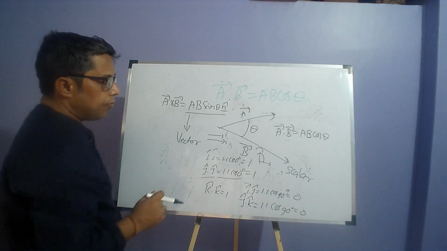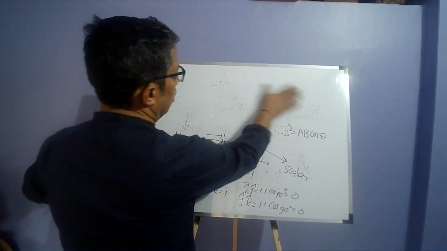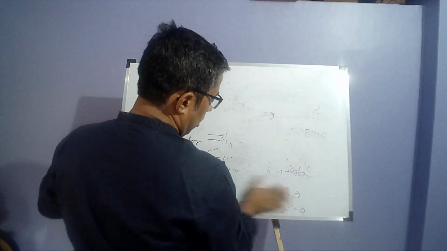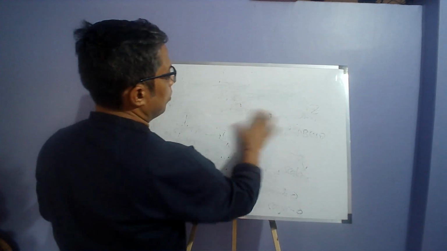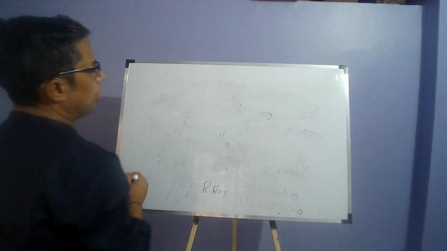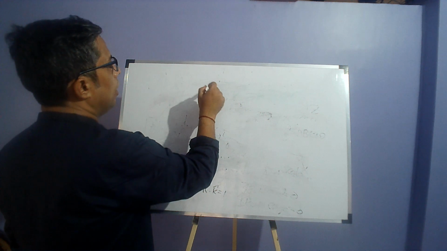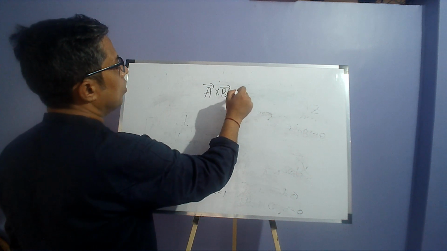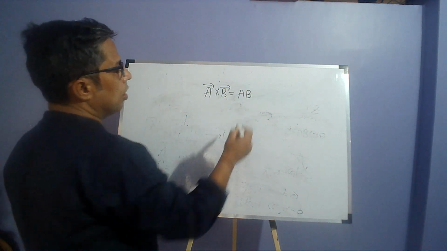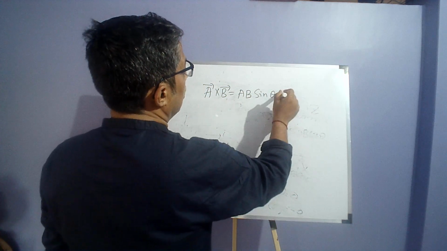Okay. Now we'll see the similar thing in the cross product. A cross B is equal to AB sin theta n cap.